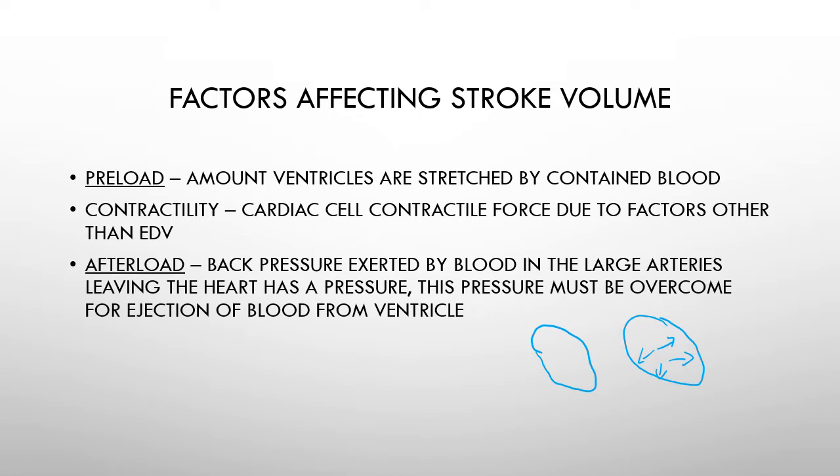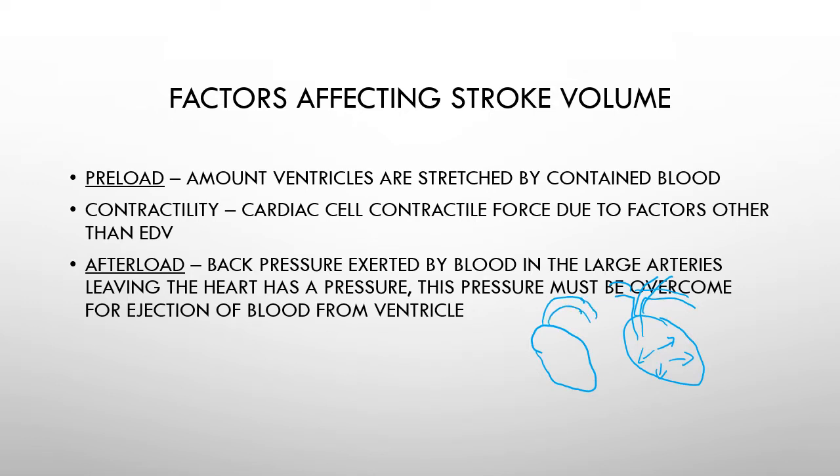And so the afterload doesn't really have a whole lot to do with the heart itself or its filling or anything like that. It actually has to do more so with the vessels coming off of it. And there's my drawing of the aorta and the pulmonary trunk there. And so primarily we're more concerned with the aorta.